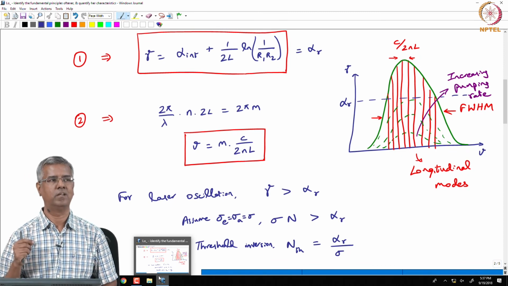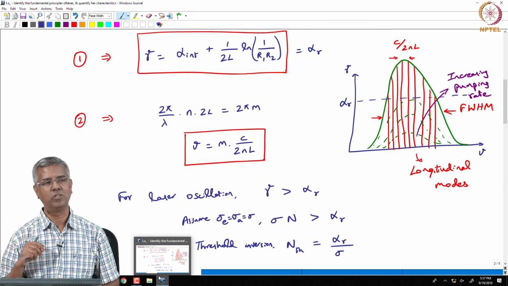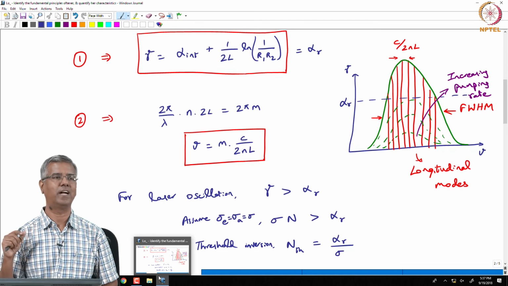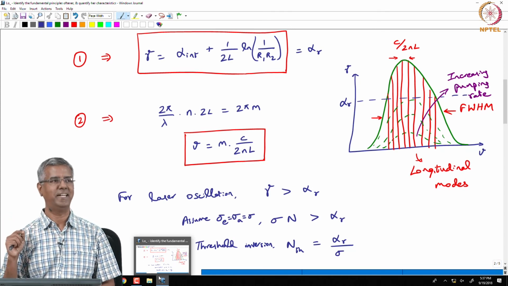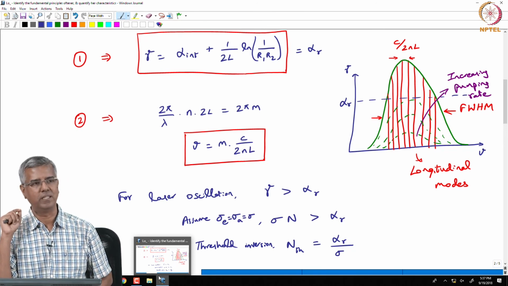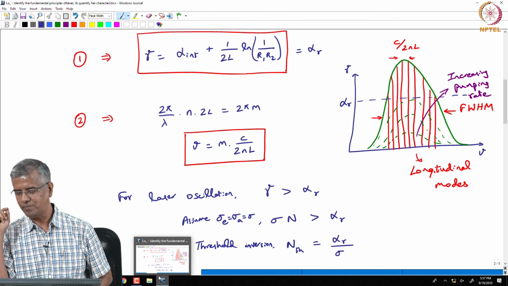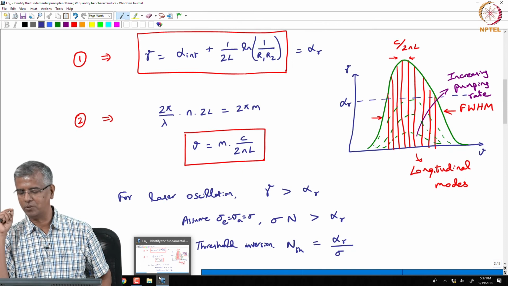People have already done femtosecond pulses. There have been demonstrations of attosecond, hundreds of attosecond pulses also. Attosecond is 10 power minus 18, right. So people have demonstrated that also. Okay. So that is an important concept to understand.